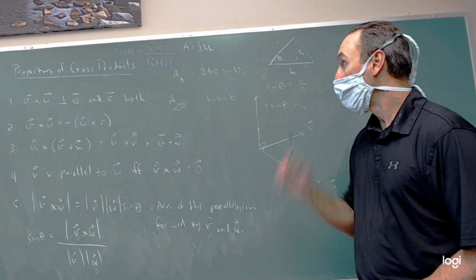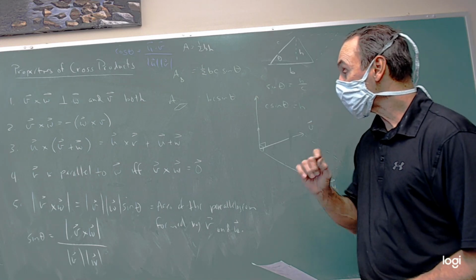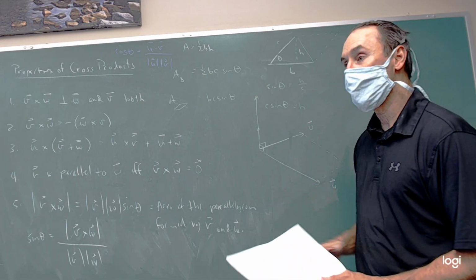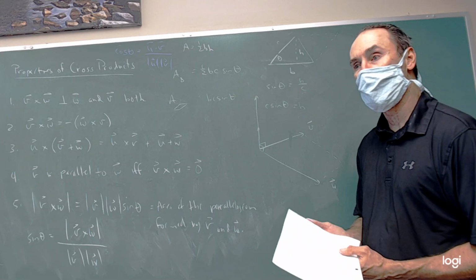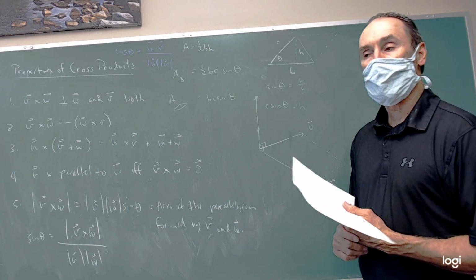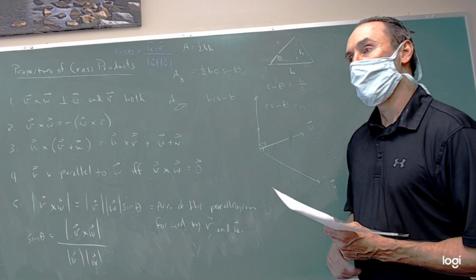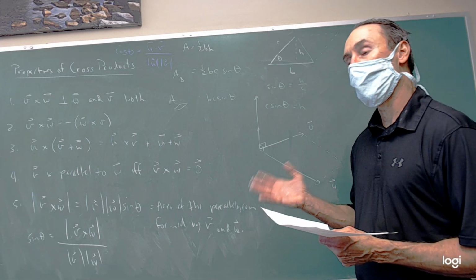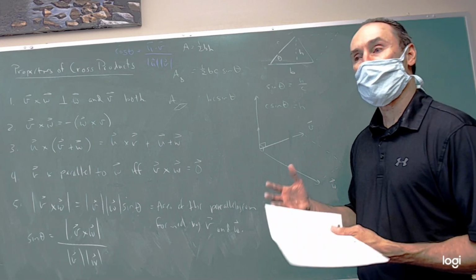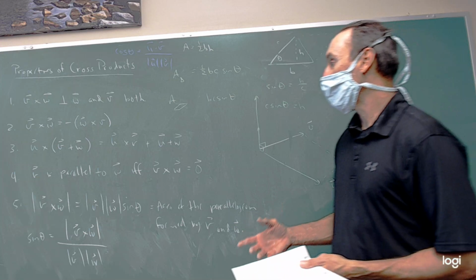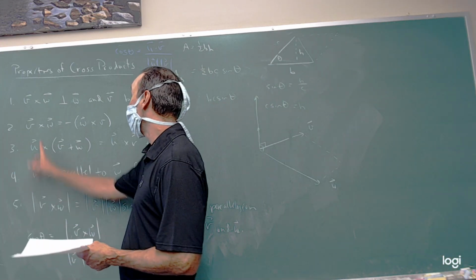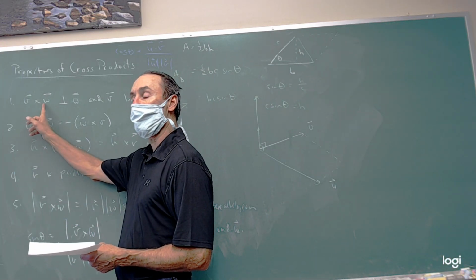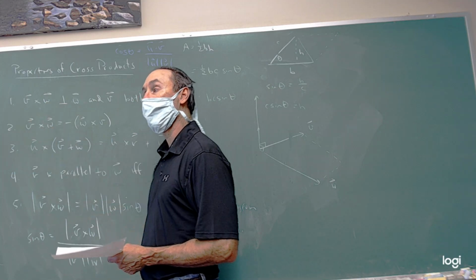Okay, so now we're going to go back and revisit this idea of finding an equation of a plane given 3 points on the plane, because the hard part was trying to find a normal vector to the plane. But now we have a great way of finding normal vectors to planes or to anything else.